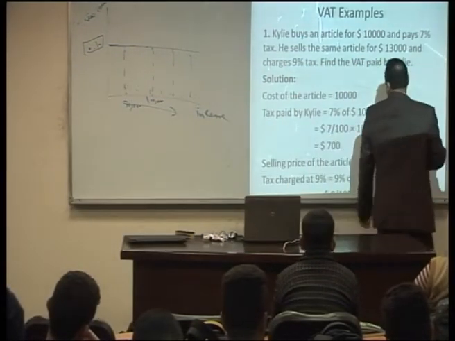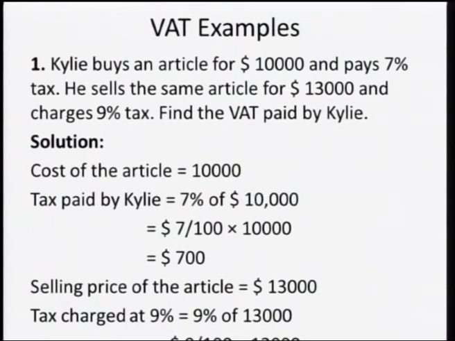Kelly buys an article for $10,000 and pays 7% tax. He sells the same article for $13,000 to someone else.